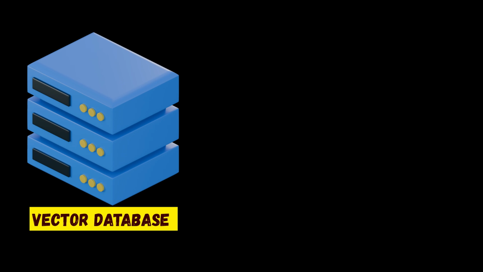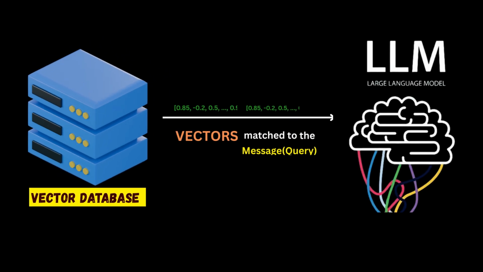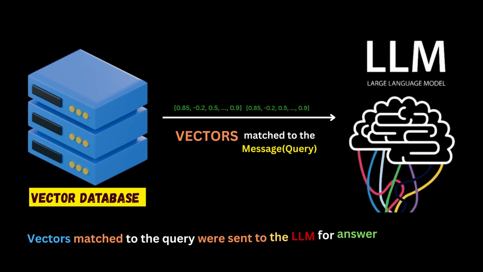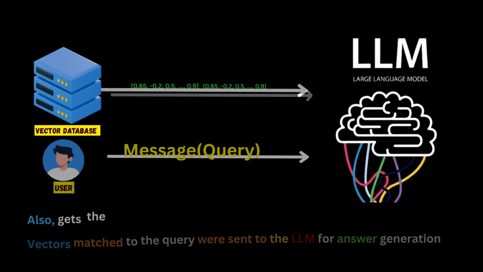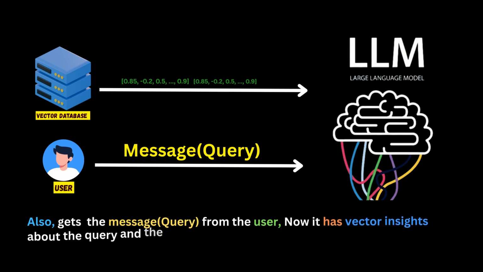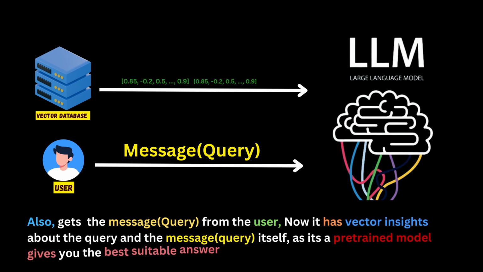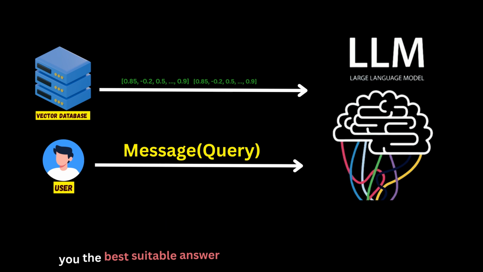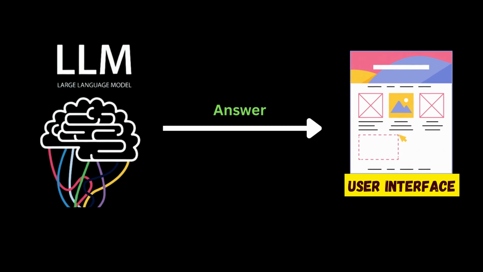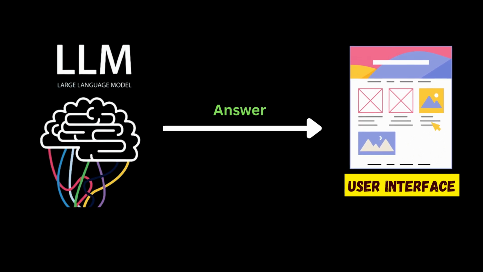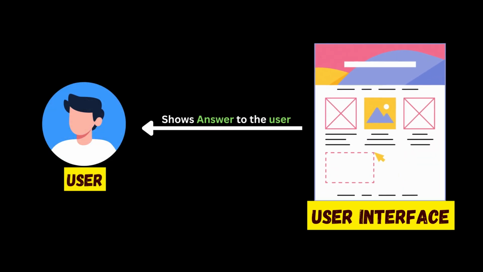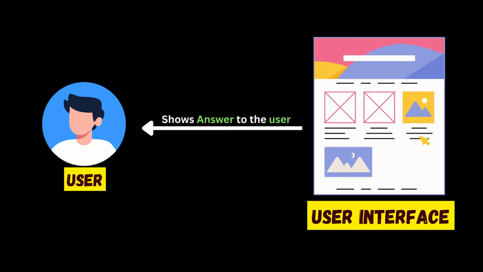The database then finds and returns the most relevant chunks of information that are semantically close to the user's query. These retrieved chunks, along with the original query, are then sent to the large language model (LLM). The LLM uses both the user's question and the retrieved context to generate a clear, accurate, and context-aware response. Finally, this response is displayed back to the user through the UI, completing the cycle of interaction.